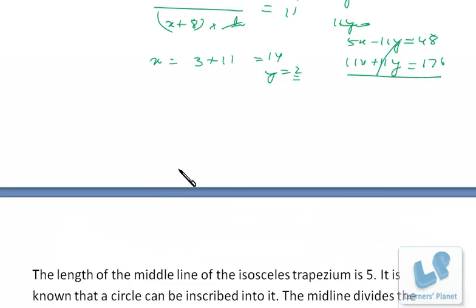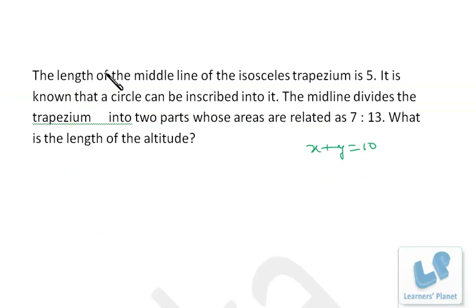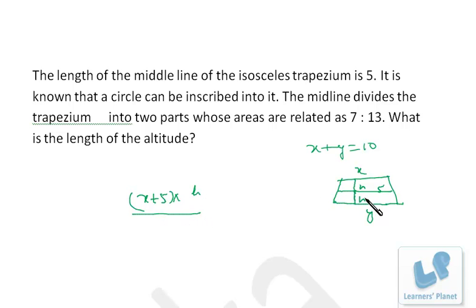That's half the sum of parallel sides into the distance between them. Assuming this distance to be h, I draw a simple diagram over here. So (x plus 5) into h by 2, and then (y plus 5) into h by 2, is equal to 7 by 13.